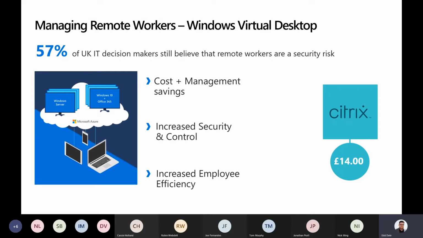Citrix, for example, will charge £14 per user per month just for a Windows Virtual Desktop license. Whereas if you've got M365 Business Premium, you don't have to pay for an additional license cost because that is included as part of M365 Business Premium.